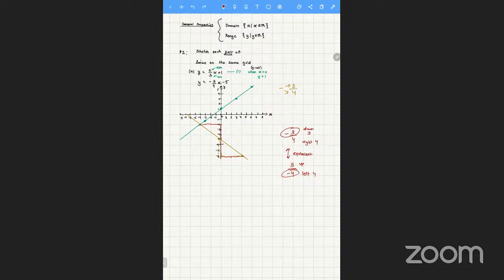Now tell me, what is the point of intersection? Fix the graphs that you made in your tablet, and tell me, what is the point of intersection? 1, 2, 3, 1. -3, -1.